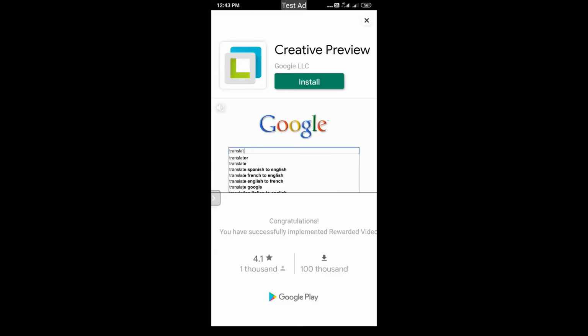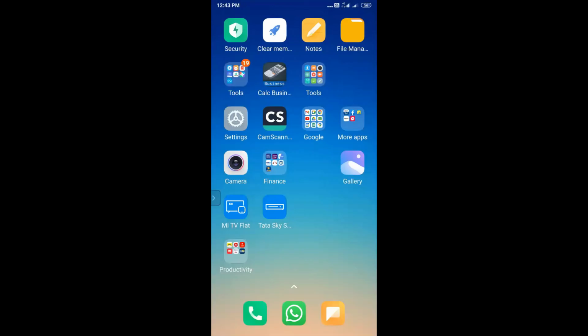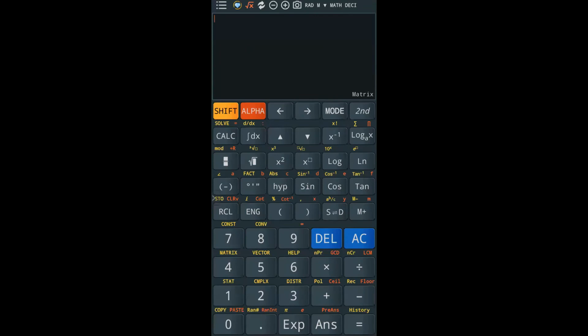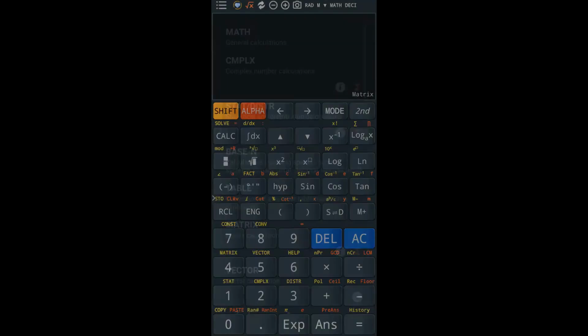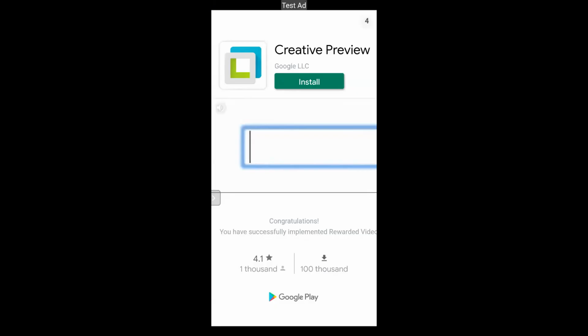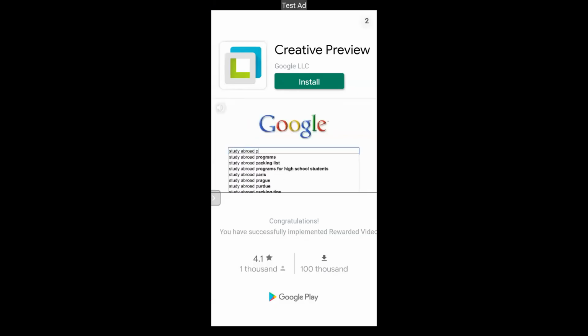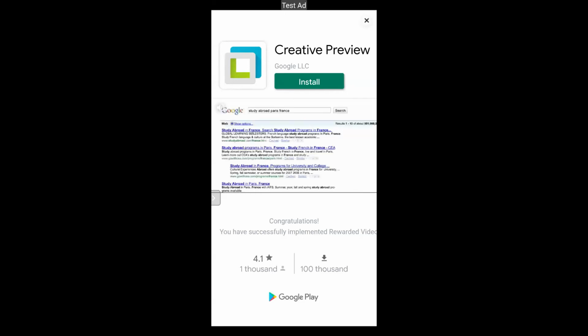For that, we need to go to the calculator. We need to put that matrix, so I need to make the matrix mode on. When you put the matrix mode on, you need to enter the values of the elements of the matrix.